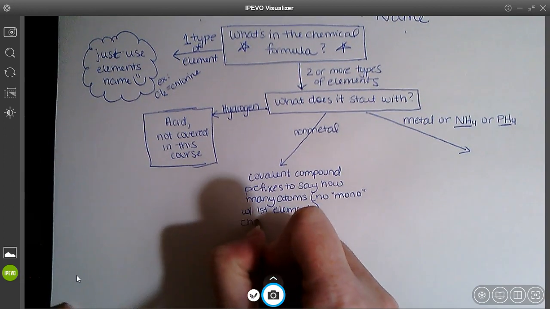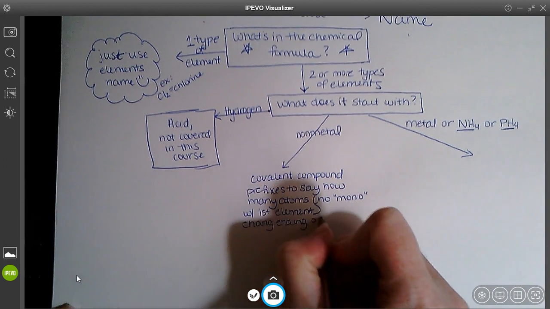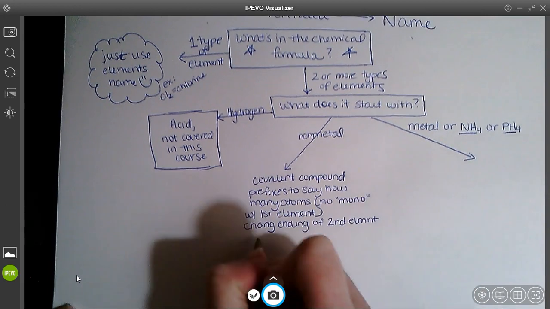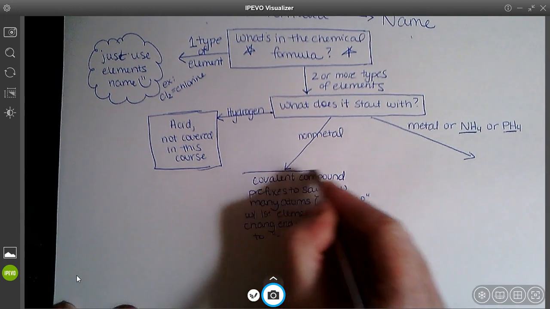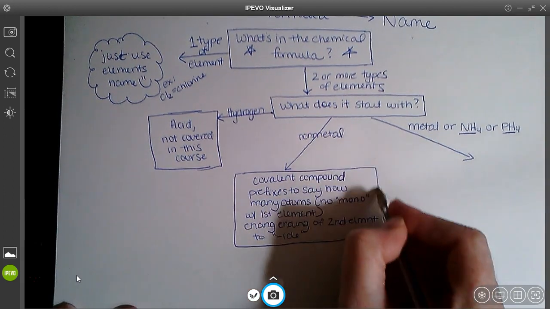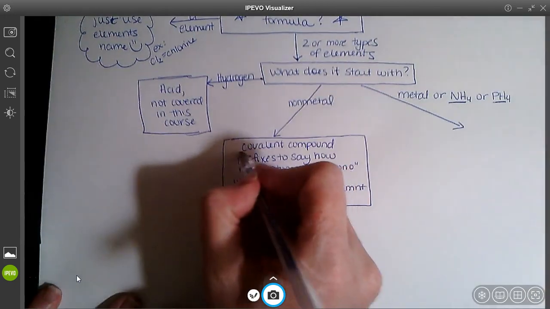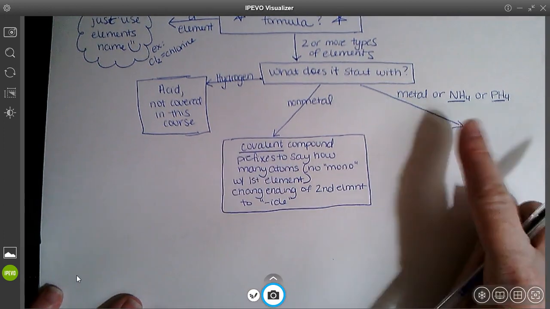And then change the ending of the second element to IDE. And this is from a previous unit, so you already know how to do this. Okay, so this is the covalent naming. You can go back to Unit 3 if you want to look up how to do that.